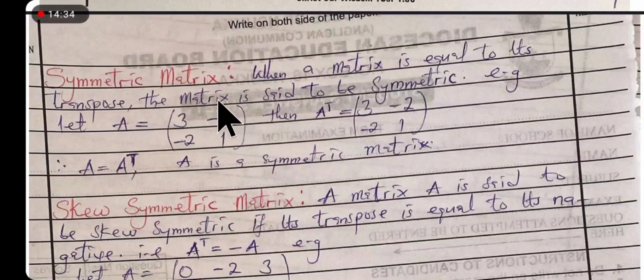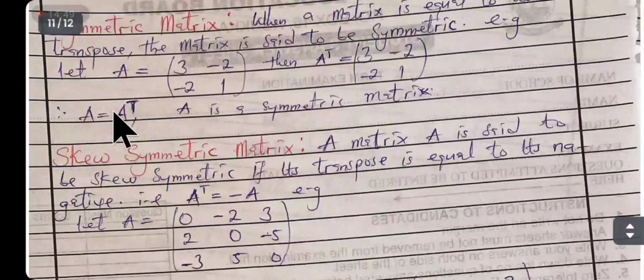You discover that this particular matrix is not different from this matrix. So matrix A is the same thing as its transpose. So therefore, matrix A is equal to its own transpose, so matrix A is symmetric. If you have them, it's a symmetric matrix.